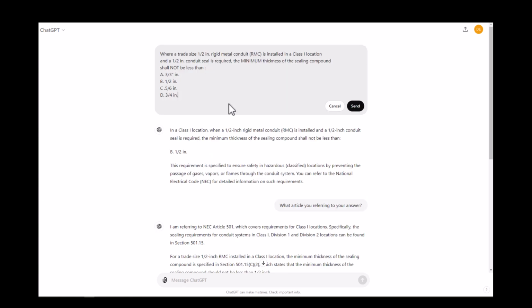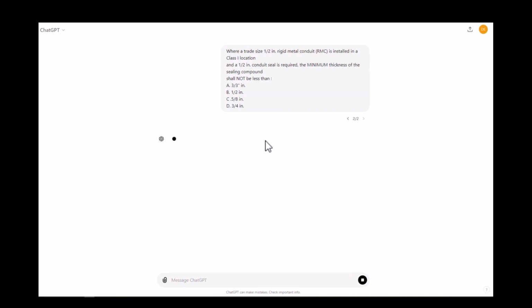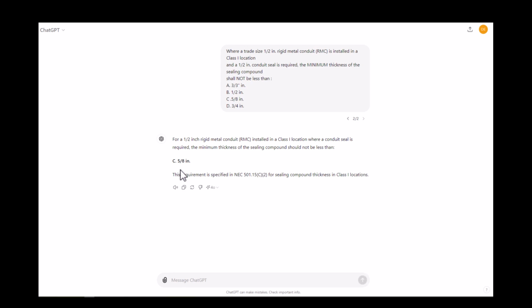If I make a correction here and say 5/8, let's see what ChatGPT gives us. Based on that question, it gives us 5/8, which is now correct based on the correction we made in the previous one.